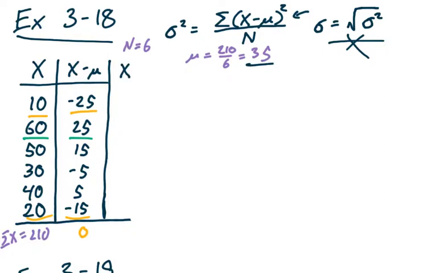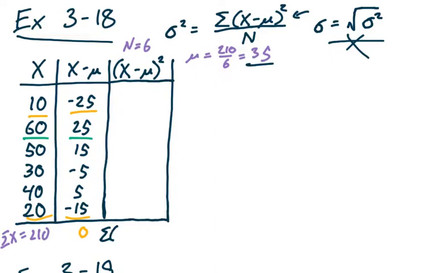So don't do that. Don't add up that column. We're just using that column as a helper so we don't have to do two steps at once. In this next column, we're going to be squaring these values from the previous column. And then that is what we're going to be summing up.